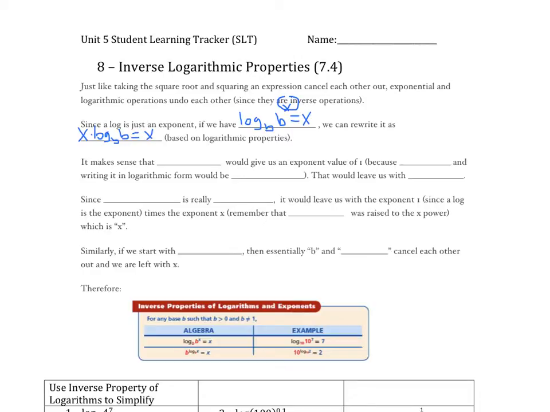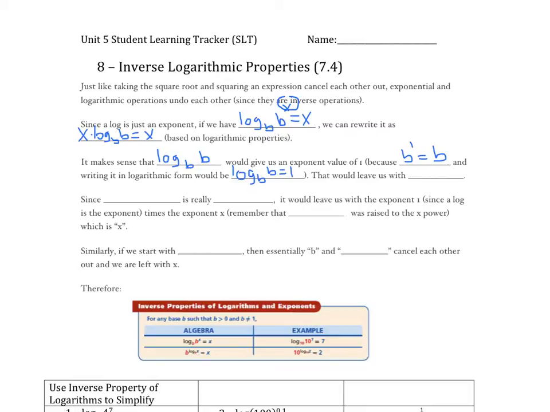And that's based on the power property. It makes sense that log base b of b would give us an exponent value of 1 because b to the first equals b, and writing it in logarithmic form would be log base b of b equals 1.